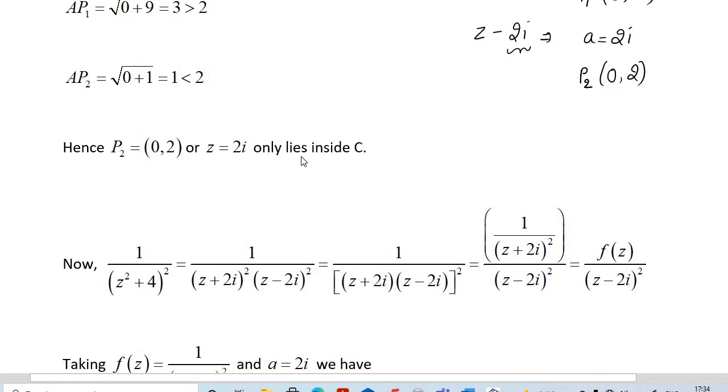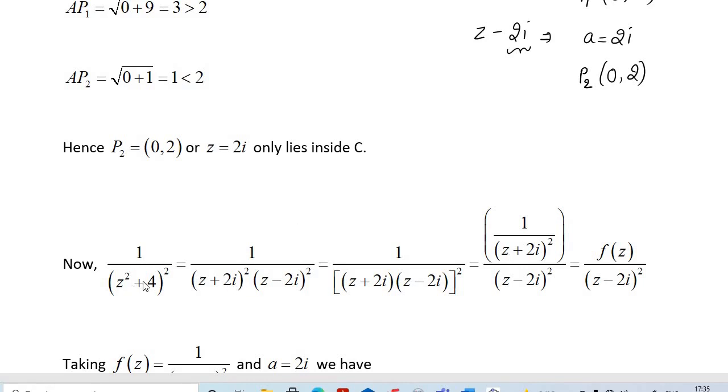So we keep the point which lies inside in the denominator, that is z minus 2i, because 2i goes to this side as minus 2i. We are keeping z minus 2i in the denominator itself. The point P1 is 0 comma minus 2, that we shift to the numerator.